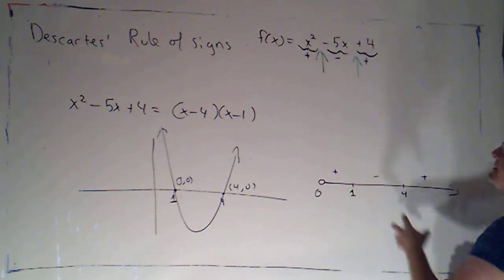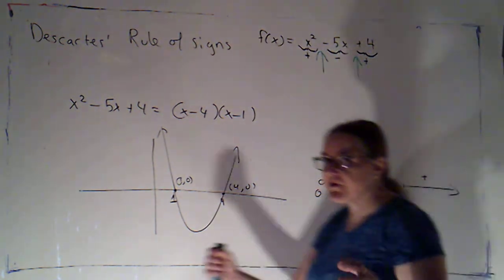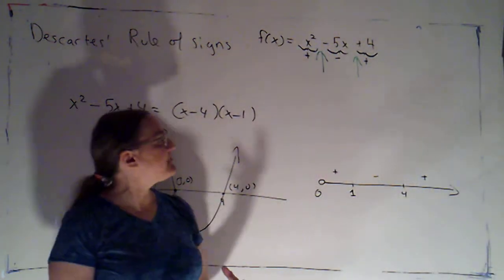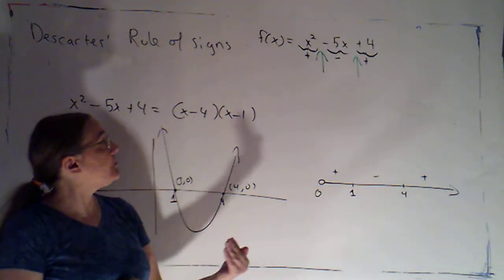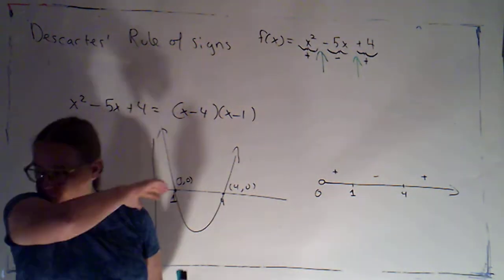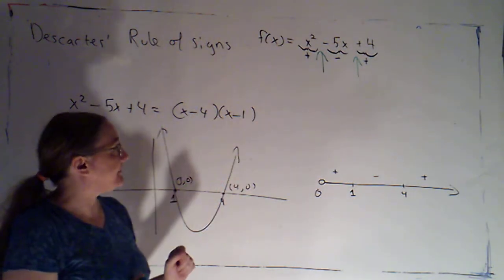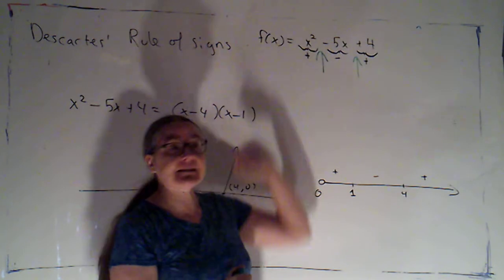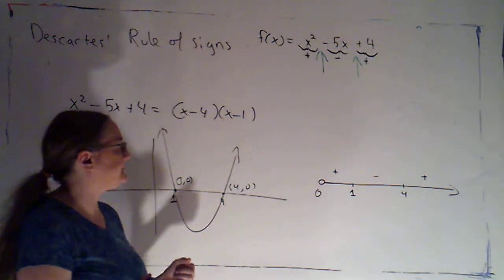So what happened is when the sign changed, each one of those pieces was the dominant part, and therefore its sign dictated the sign of the entire polynomial.